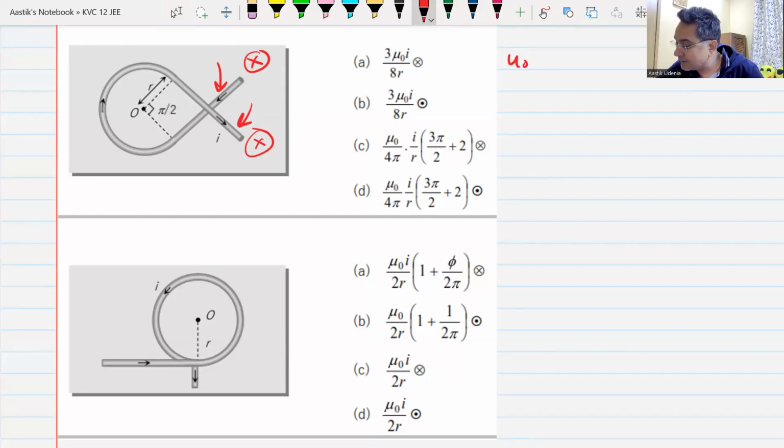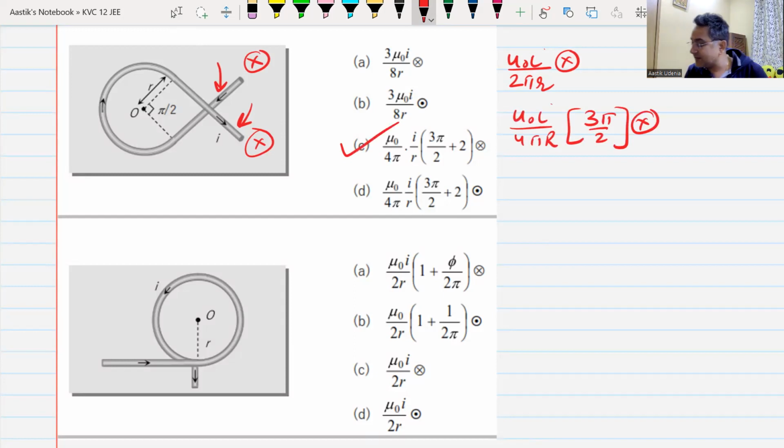So the answer will become mu naught I by 4 pi r plus 4 pi r is 2 pi r, and it is going inside. Because of this circular wire, it is also going inside. So mu naught I by 4 pi r multiplied by the angle, which is 3 pi by 2. It is also going inside. So the option that matches is, I think, option number C. Yes or no?